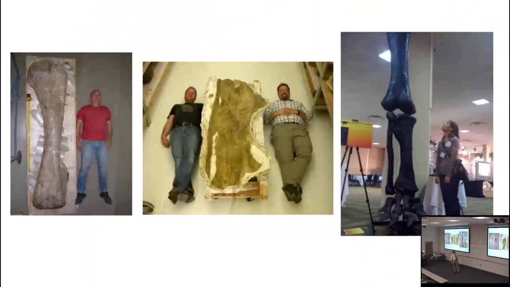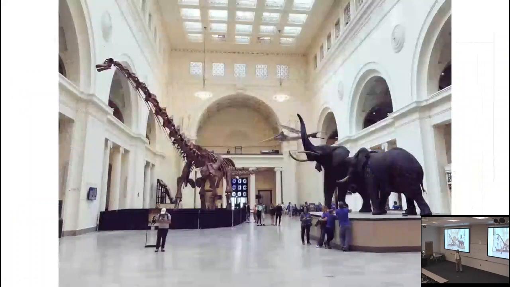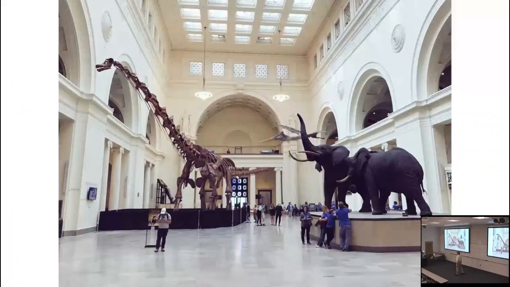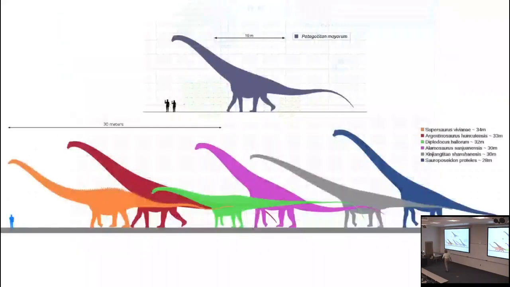Dinosaurs are famously big, sauropods in particular, so big that you measure yourself against a humerus or a cervical vertebra or a forelimb or hind limb. And here's Patagotitan on display at the Field Museum in Chicago, dwarfing the people around it.